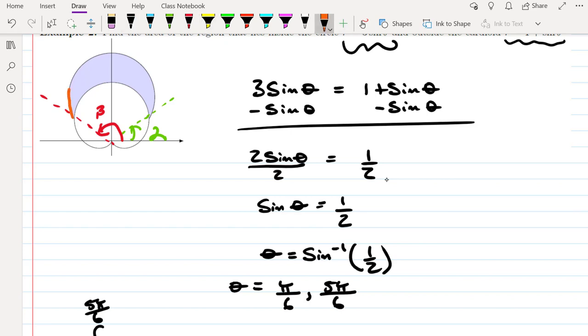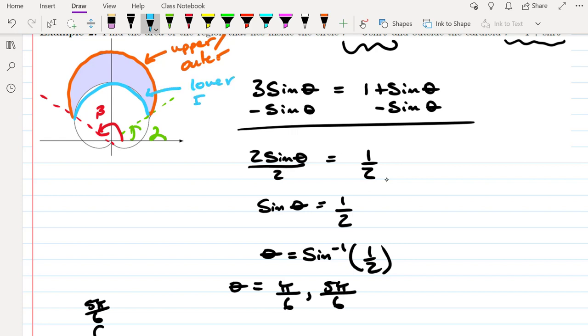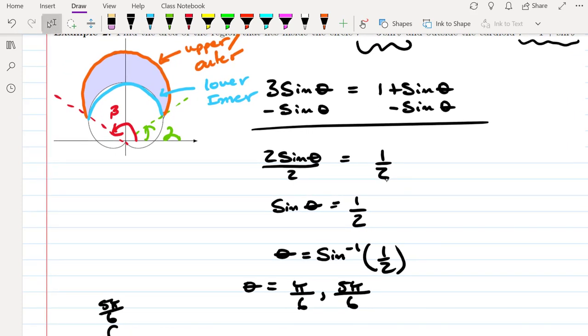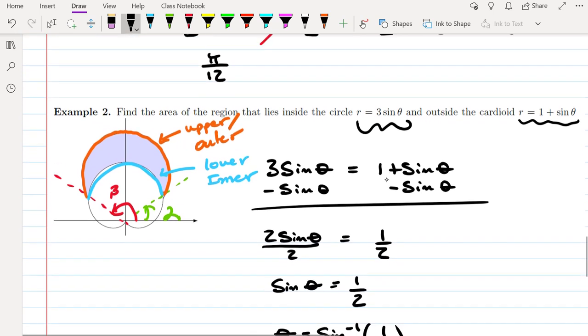So this guy right here is going to be what we're going to call our upper or our outer curve. And we're going to have this guy right here, which is going to be our lower or our inner curve. And just like we did in the previous section, to find the area between two curves, it's going to be the upper minus lower, or the outer minus the inner.